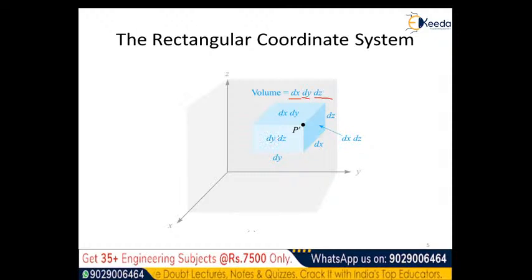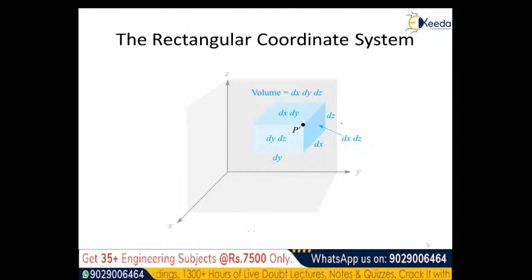For the cuboid represented in this diagram, those edges which are parallel to the x-axis, like this edge or this edge, are nothing but variations in the value of x but constant values of y and z. So we represent them as dx, similarly dy, similarly dz.